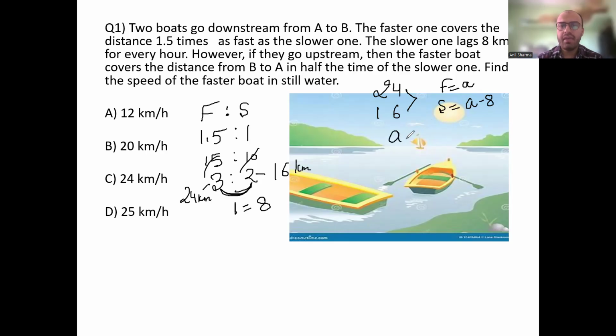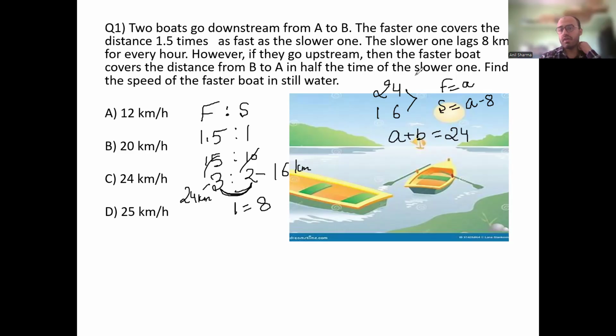Let the speed of the stream be B. So A plus B is given to me here, that is 24. A plus B is how much? That is 24, right? Next thing. Now, for the other case, the faster boat covers the distance from B to A in half of the time of the slower boat.